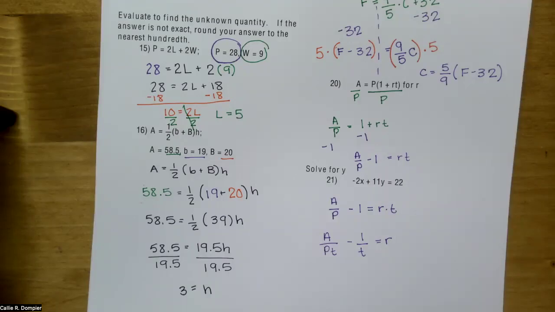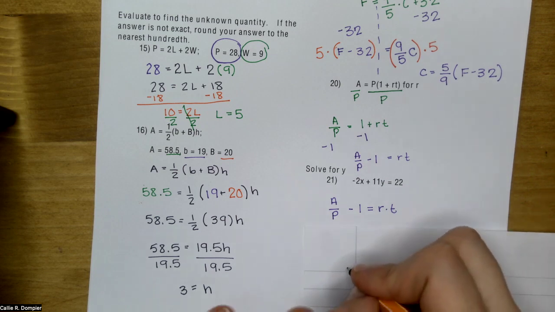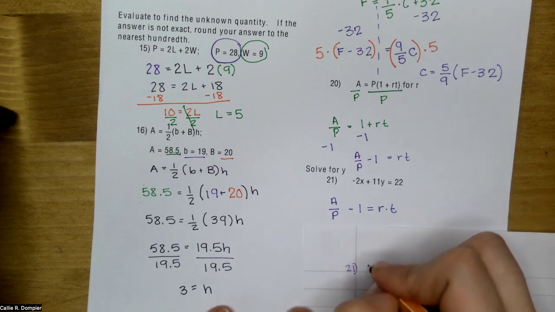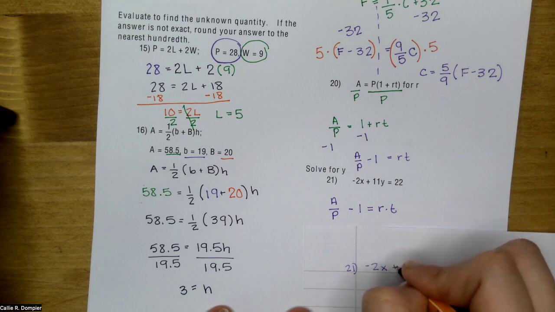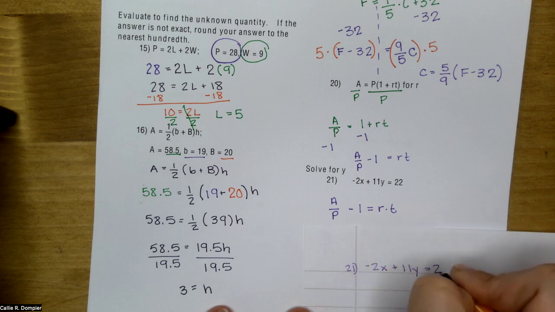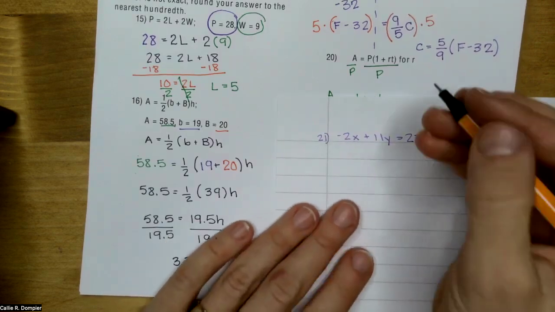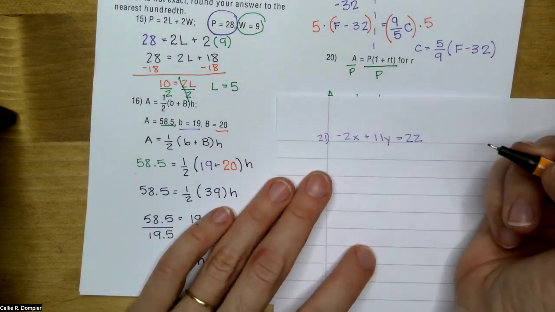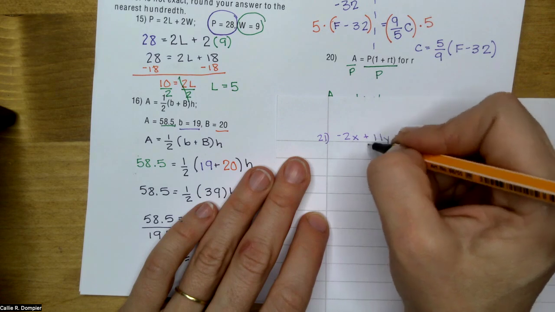Okay, number 21, they're asking us to solve for Y. We have negative 2x plus 11y equals 22. We're solving for y, not for x, okay? So we want to get the y alone.